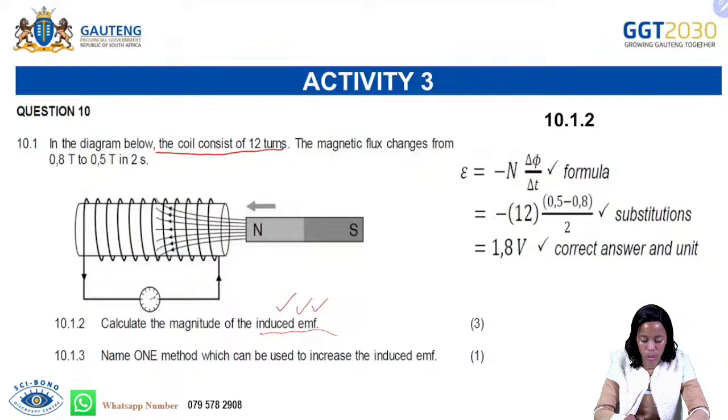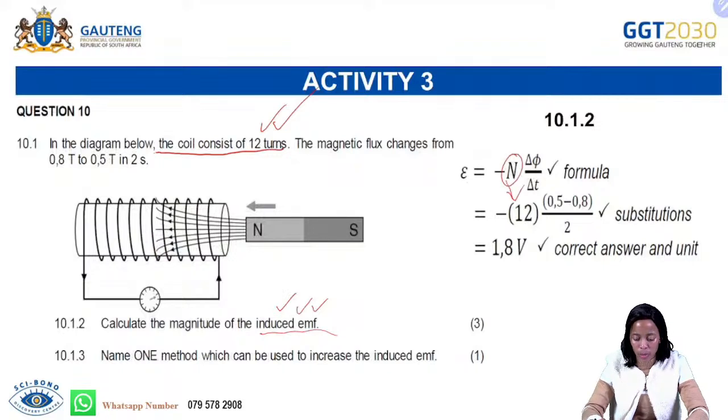We are given the number of turns, and we have 12 there. And remember, the formula comes with a negative. So when we do the calculations, you need to make sure that you also include the negative sign. So n represents the number of turns.